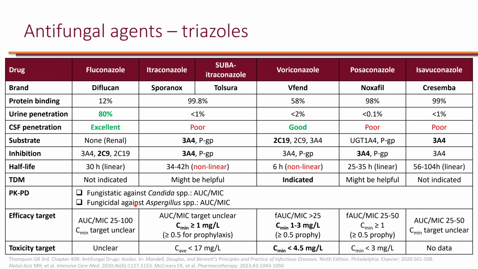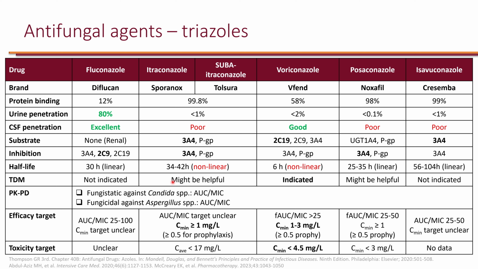For itraconazole, which has non-linear pharmacokinetic properties, therapeutic drug monitoring might be helpful in certain situations, for example in transplant patients, and especially with Sporanox that is not as well absorbed and has a lot of variability between patients.